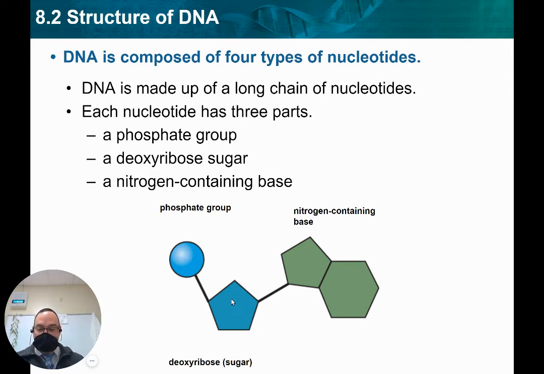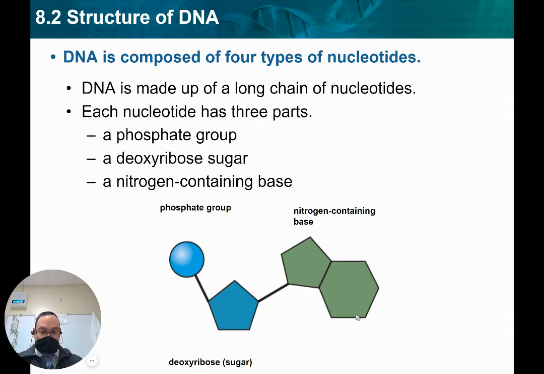The sugar is deoxyribose. There's only two sugars we're going to mess with: deoxyribose and then ribose. This is the D one, right? That's what gives the DNA its D, the deoxyribose sugar. So as long as you remember that the D sugar is in DNA, you're fine.